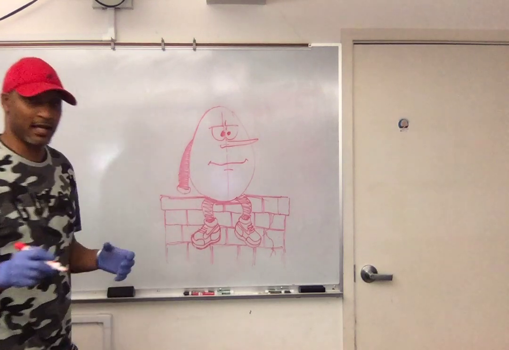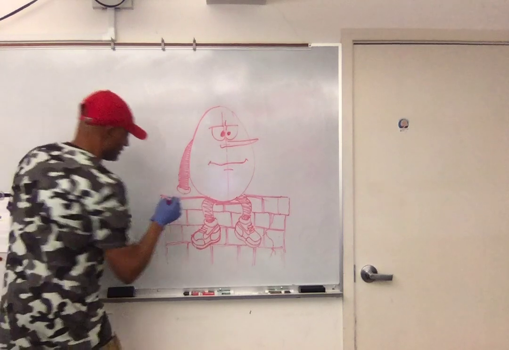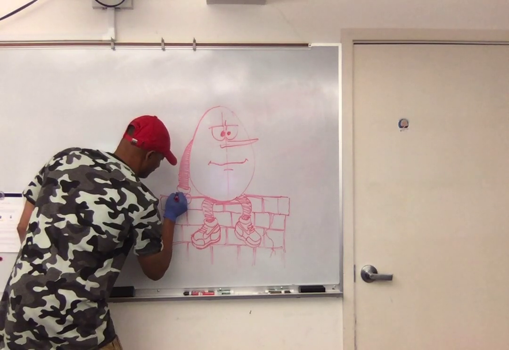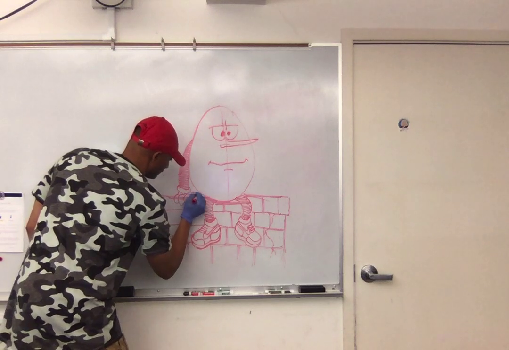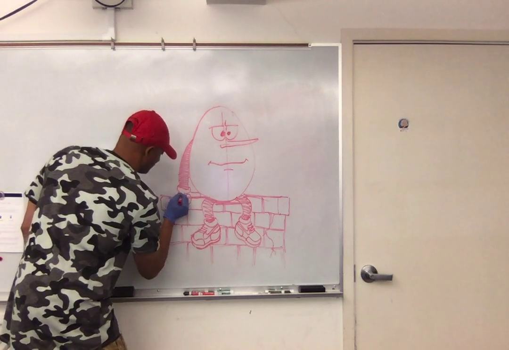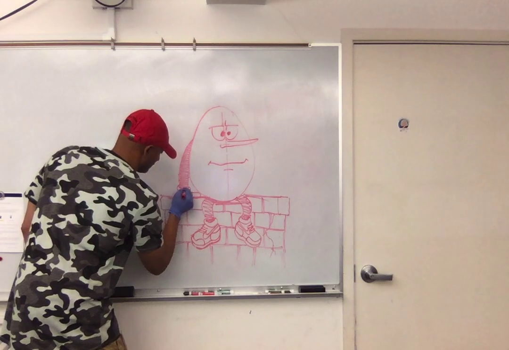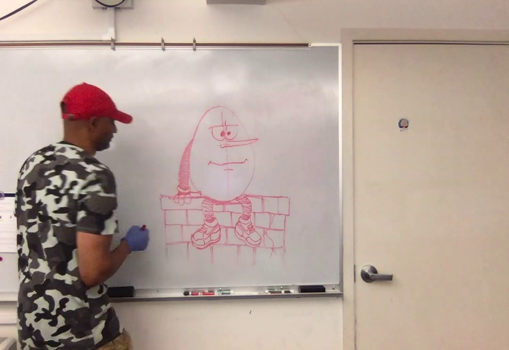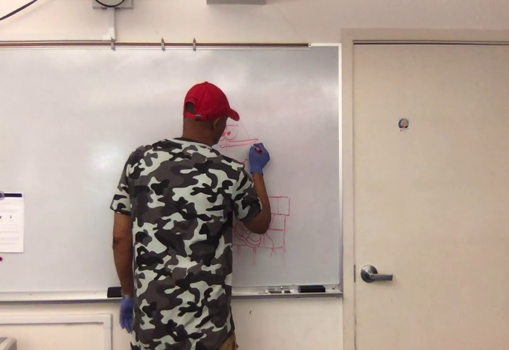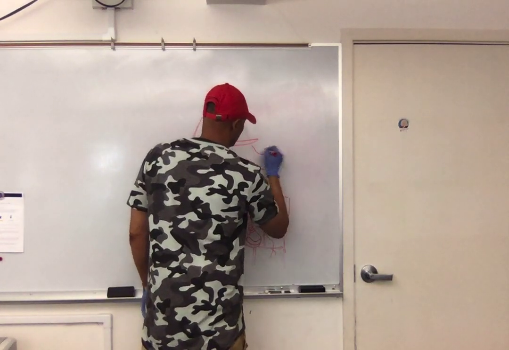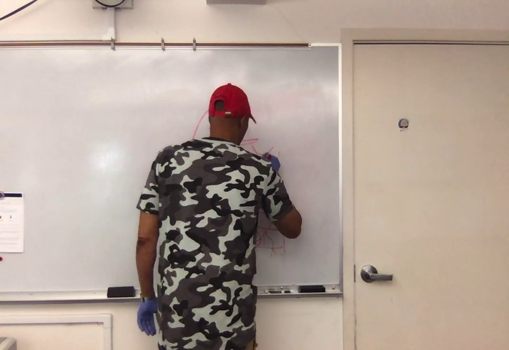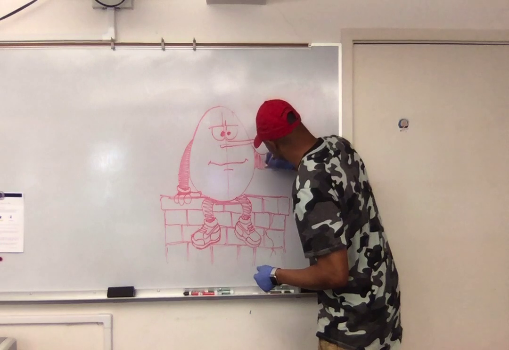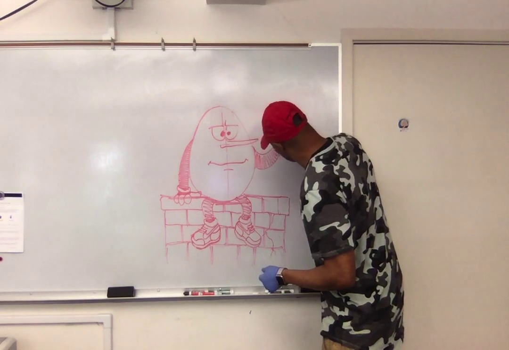So remember, on those hands, you still can make those same type of shapes. Circle here, circle here, circle here. So we're going to give our modern day character here.